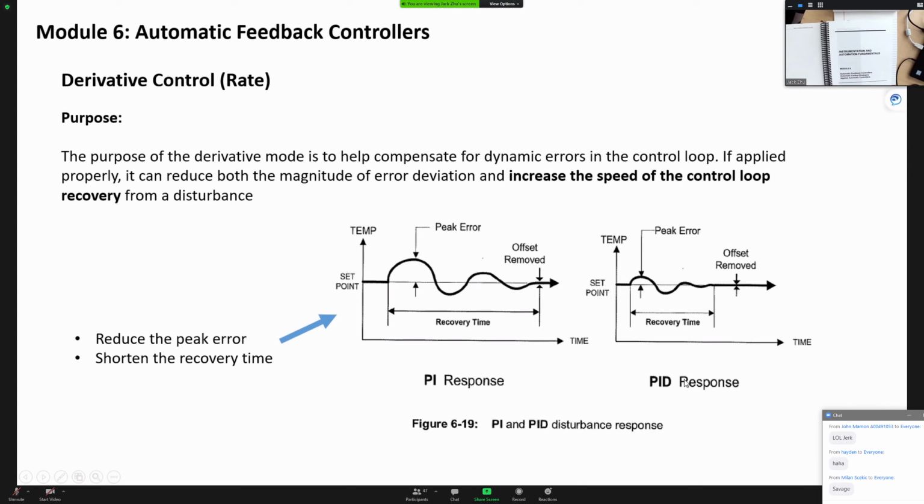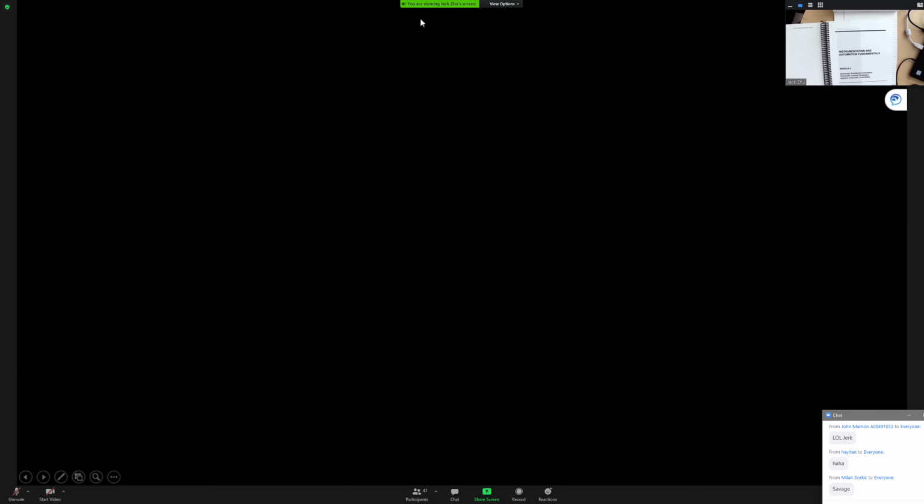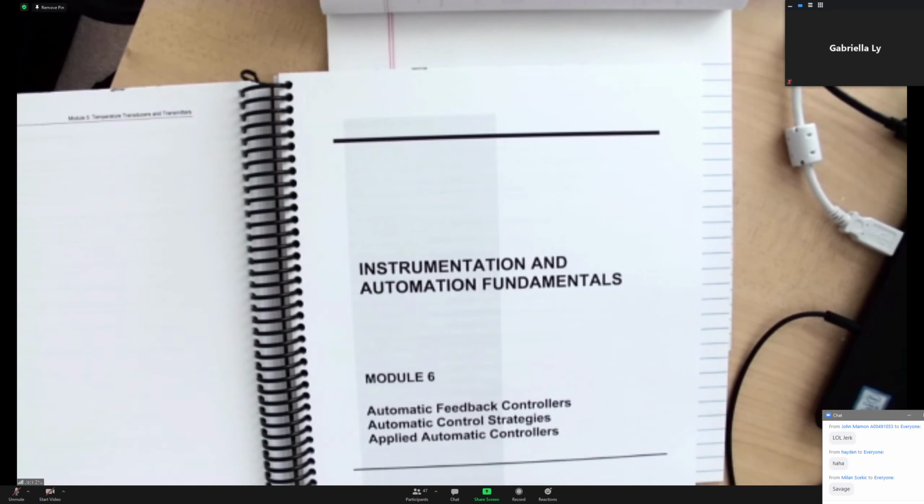If you add the derivative function in there, it can bring the system into the steady state much quicker, much faster. That's all I think you need to know about this.